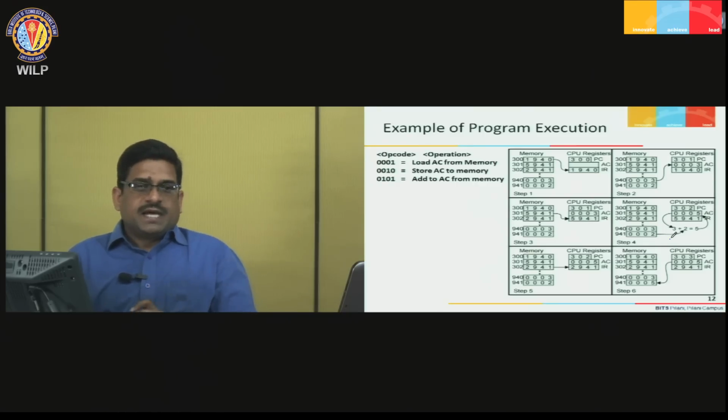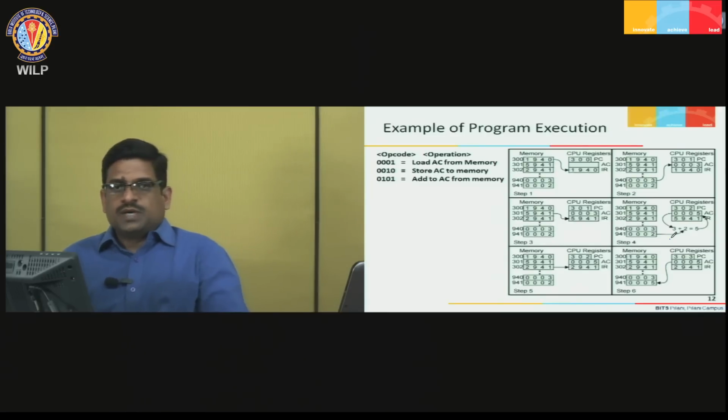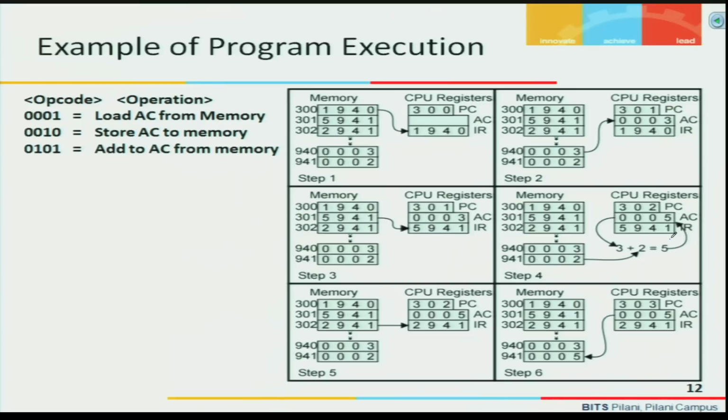Okay, let's take one example to understand this program execution on the hypothetical processor which I showed you in the previous 2 slides. So here these are the opcodes I am using. 0001 means load.